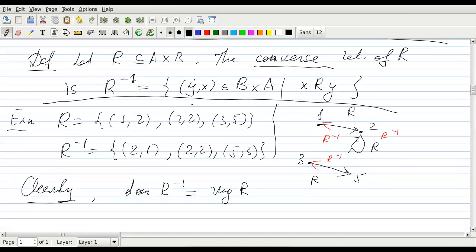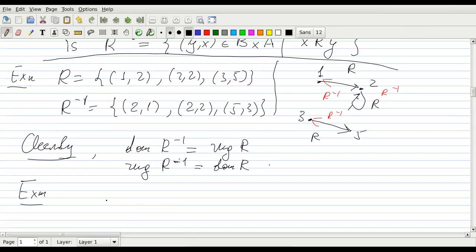The ends of converse arrows are just the beginnings of the direct arrows, so to say, and the range of R converse is the domain of R. Surely. Is it clear? Yes. Okay.